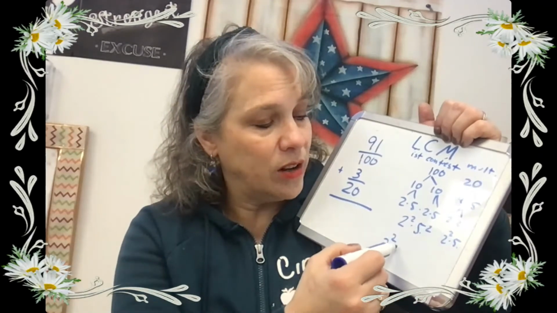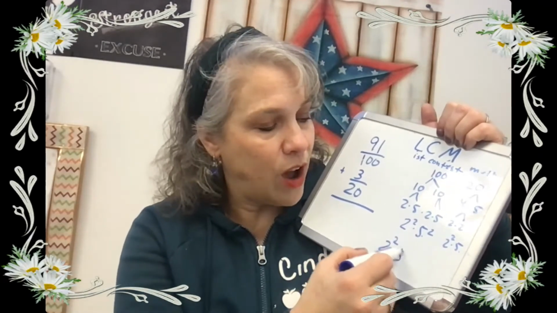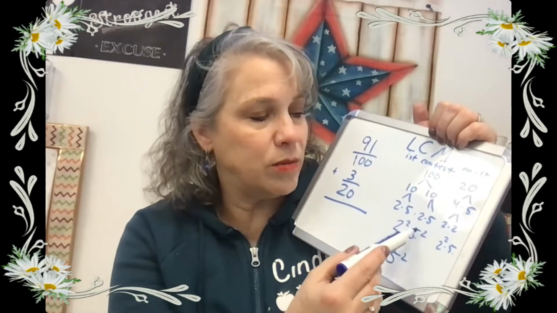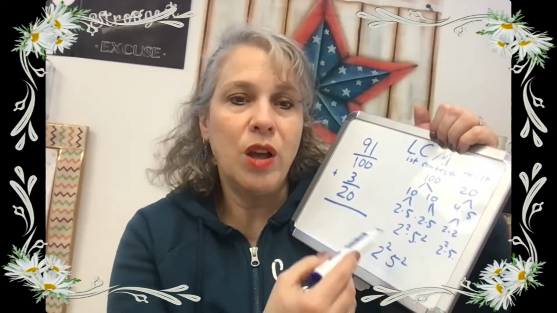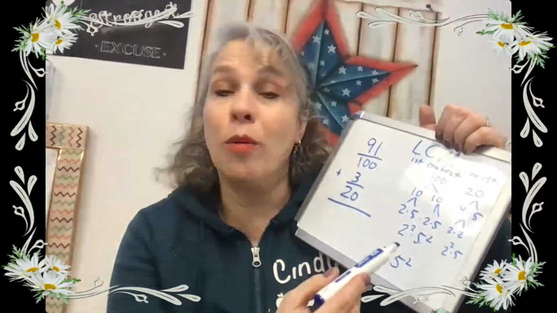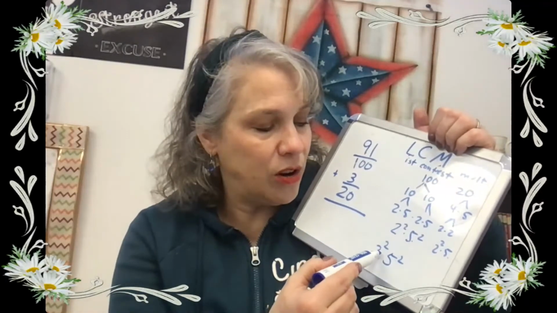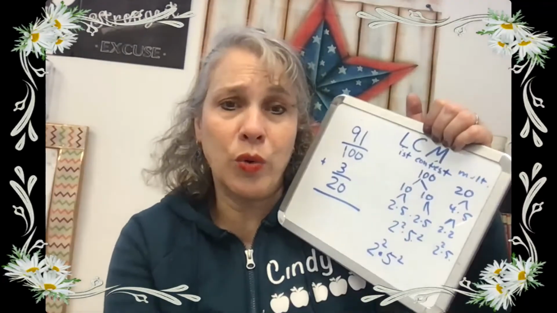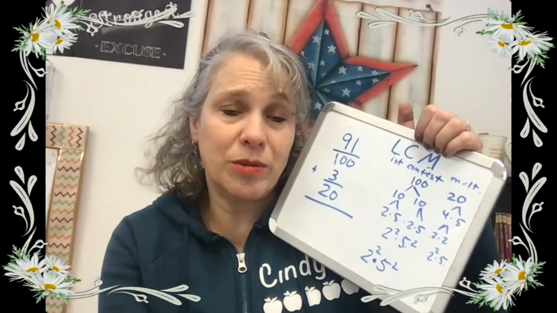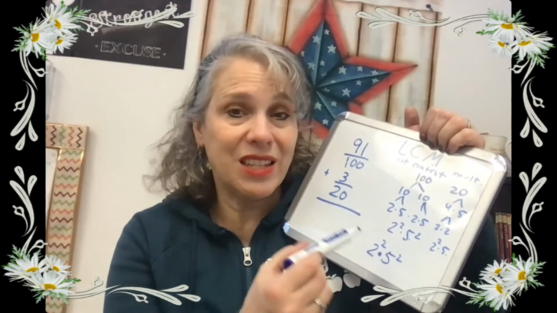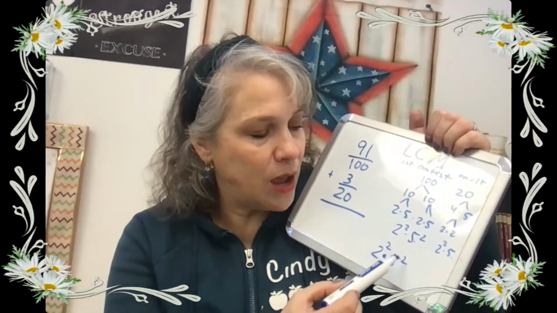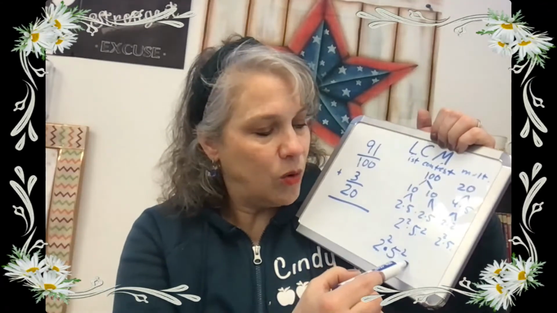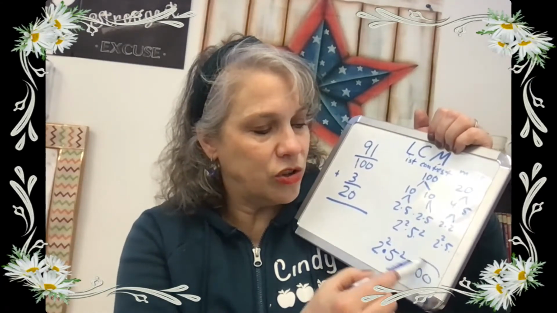So my final multiple is going to have 2 5s. So the contest means which one has the most, and then you add in or multiply in any other leftover factors. So my least common multiple is going to be 4 times 25, which is equal to 100.